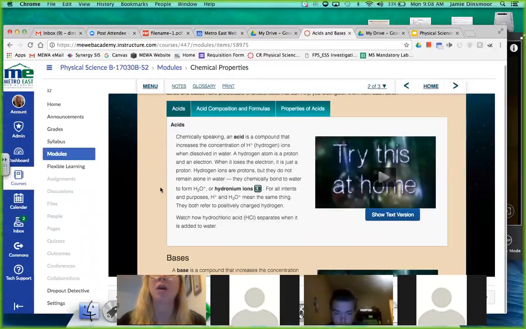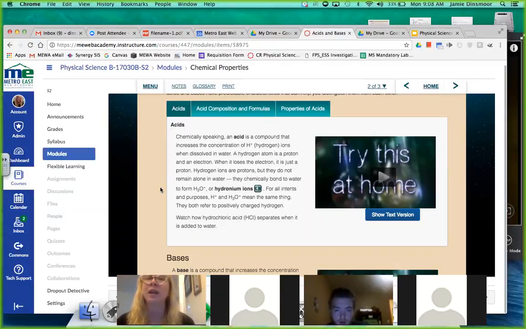So the definition of an acid. They give us this long, long paragraph, so I'm going to read it to you, and I want you to be thinking, how would you summarize this into 1 sentence, or at least 2 sentences? Chemically speaking, an acid is a compound that increases the concentration of hydrogen ions when dissolved in water. A hydrogen atom is a proton and an electron.